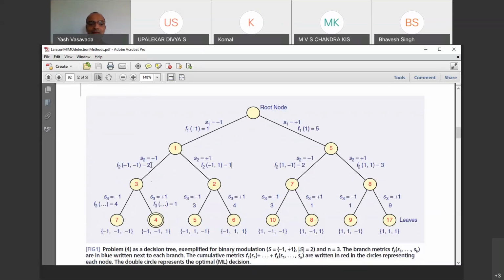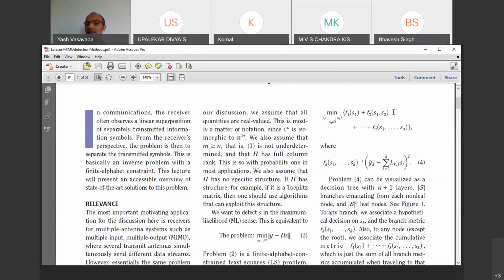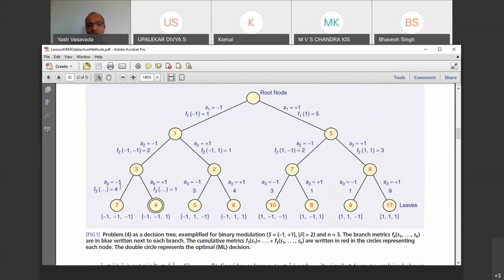And then the third level is considered, for which f3 has a total of 8 values: 4, 1, 3, 4, 3, 1, 1, 9. These are the f3 values. And f3 has 8 possibilities, because remember f3 will depend on s1, s2, and s3, and s1, s2, s3 can be 8 possibilities. And so for each of those 8 possibilities, f3 values are written here.